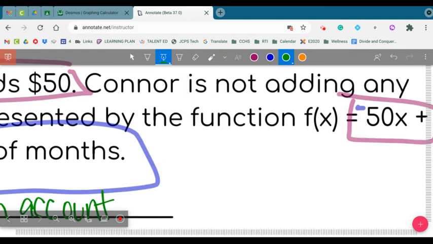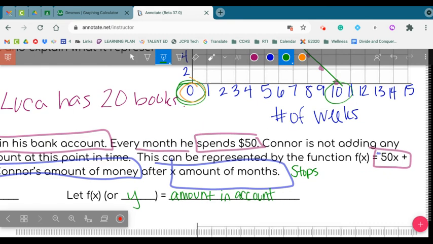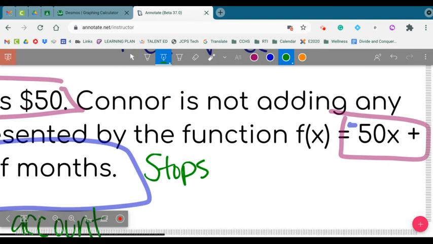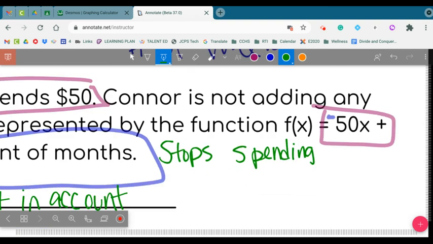Now I'm going to add something onto this one. We're going to state that he stops withdrawing money, or he stops spending money, when he has $200.